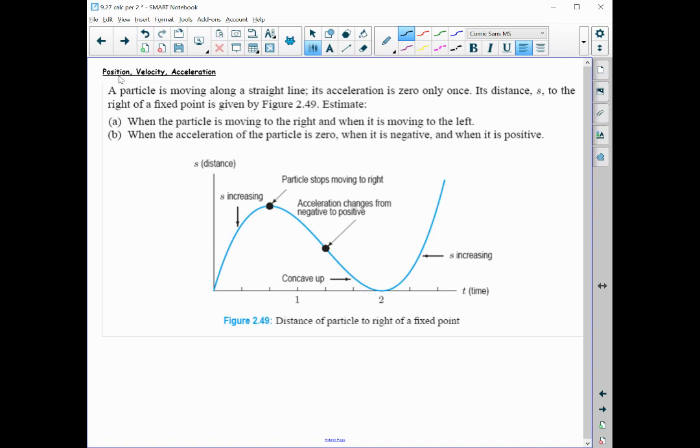Position usually measures a distance, velocity is speed plus direction, and acceleration describes how your velocity is changing. So that's also function, first derivative, second derivative. Position, velocity describes position, acceleration describes velocity.